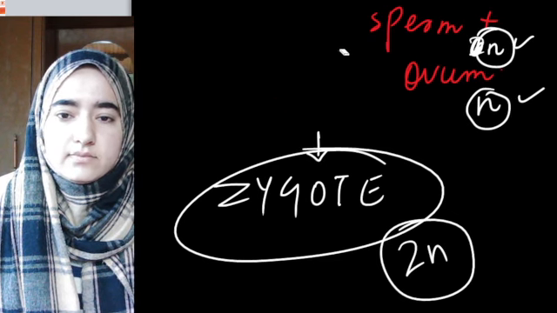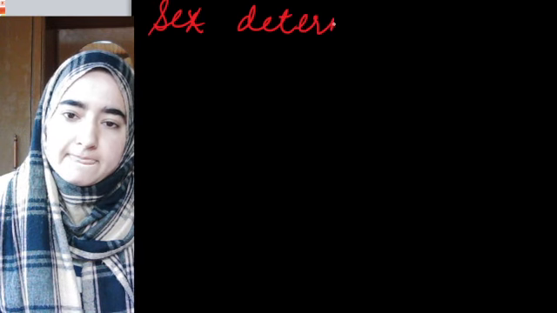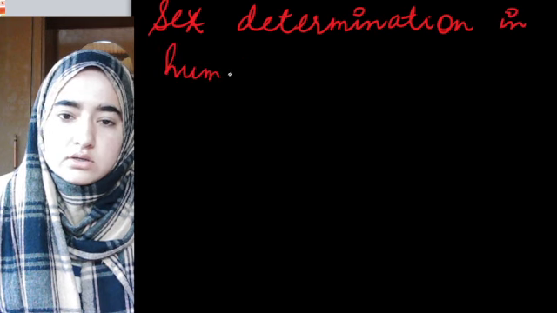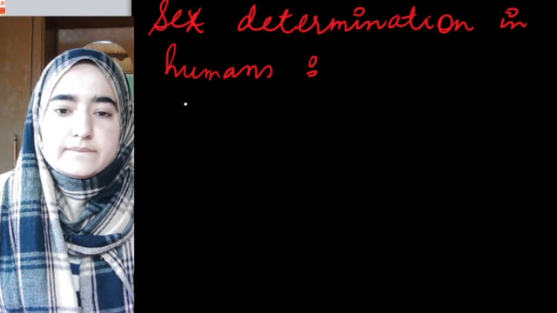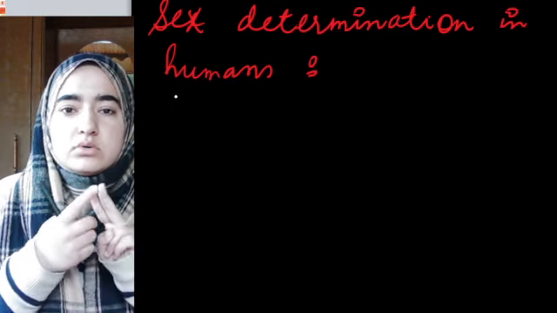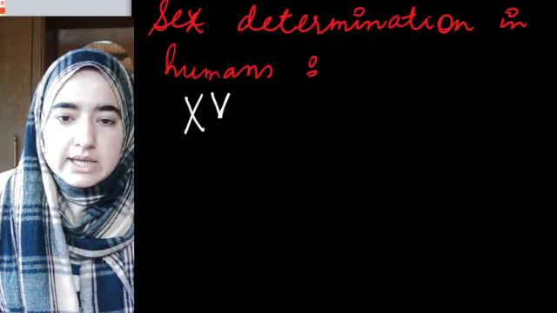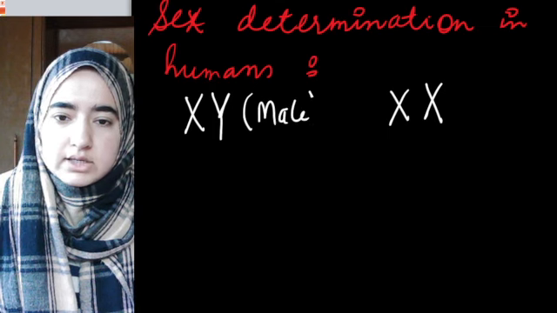See, sexual reproduction takes place between two opposite genders, one male and another female. The sex chromosomes of male are XY, and the sex chromosomes of female are XX. This is of male, this is of female.